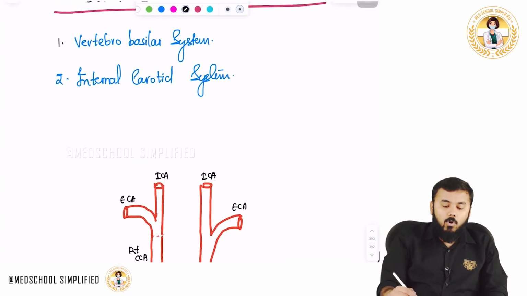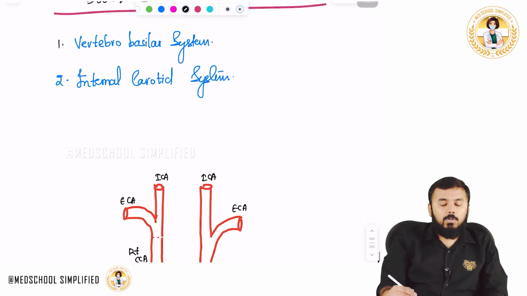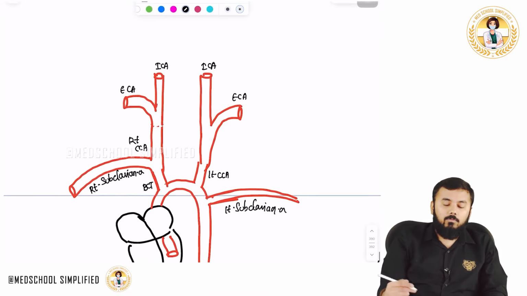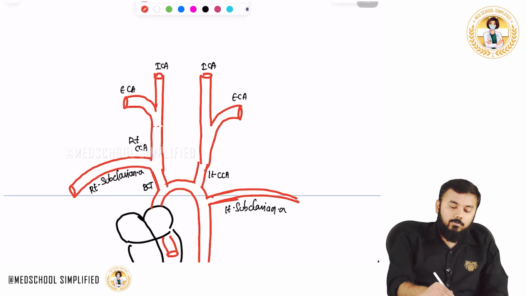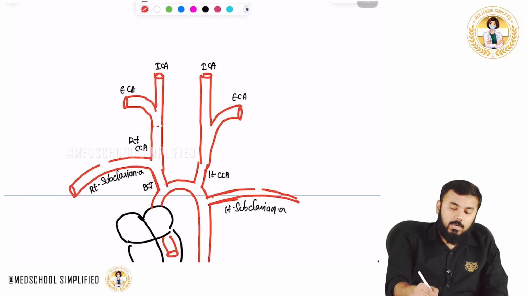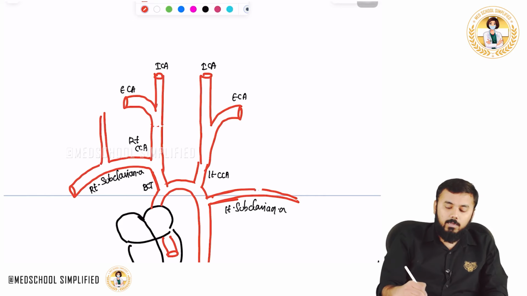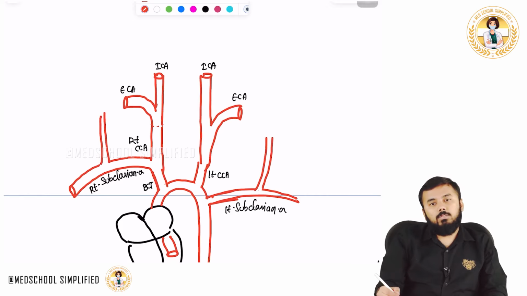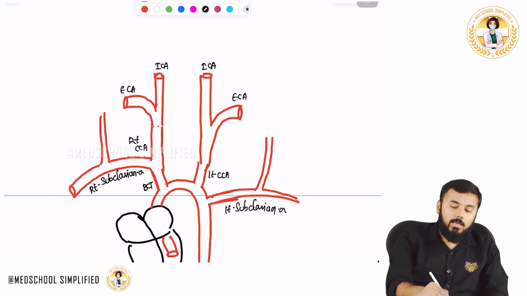So what do you mean by vertebrobasilar system? From your right subclavian artery and from your left subclavian artery, there are branches that are arising. See, there is a branch arising from the right subclavian artery, and a branch arising from the left subclavian artery. These two branches which are going up are called vertebral arteries.